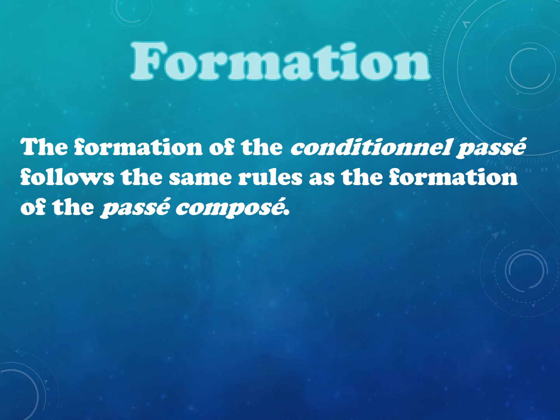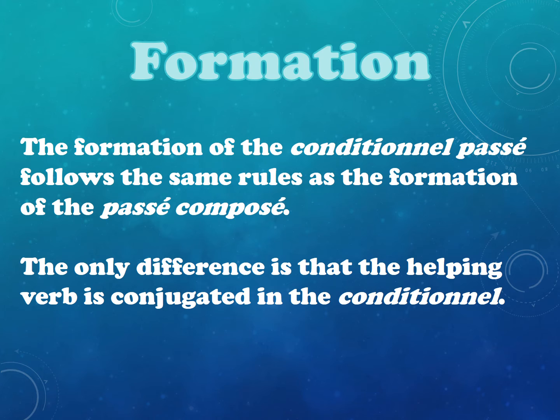So in all of our compound tenses, the only difference is which form your helping verb is in. The formation of the conditionnel passé follows the same rules as the formation of the passé composé, just like all of our composite tenses do. The only difference is that the helping verb is conjugated in the conditionnel. As a review, for the passé composé, your helping verb is conjugated in the présent de l'indicatif. That is the very first present tense you ever learned.